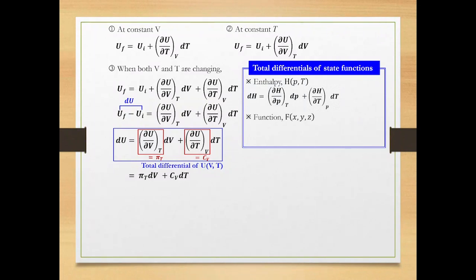Here is another example. Assume function f is a state function, and it has three independent variables. So, unlike internal energy or enthalpy, it has one more variable, right? Pause the video and write the total differential of the function f. The answer is this.